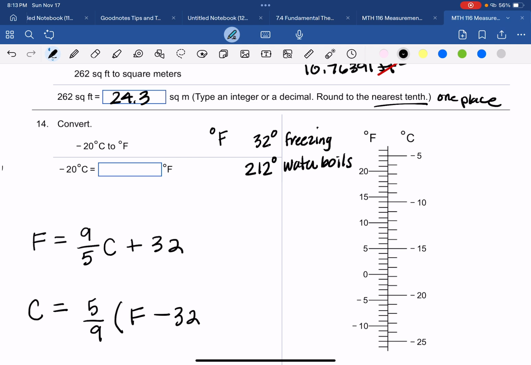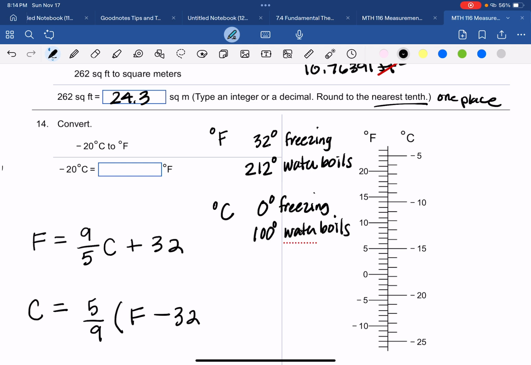Okay, but in degrees Celsius, 0 degrees does mean something. That's freezing. And 100 degrees is where water boils. The numbers are just a little bit easier in the metric system, but we just don't use those. But we can convert back and forth between Celsius and Fahrenheit.